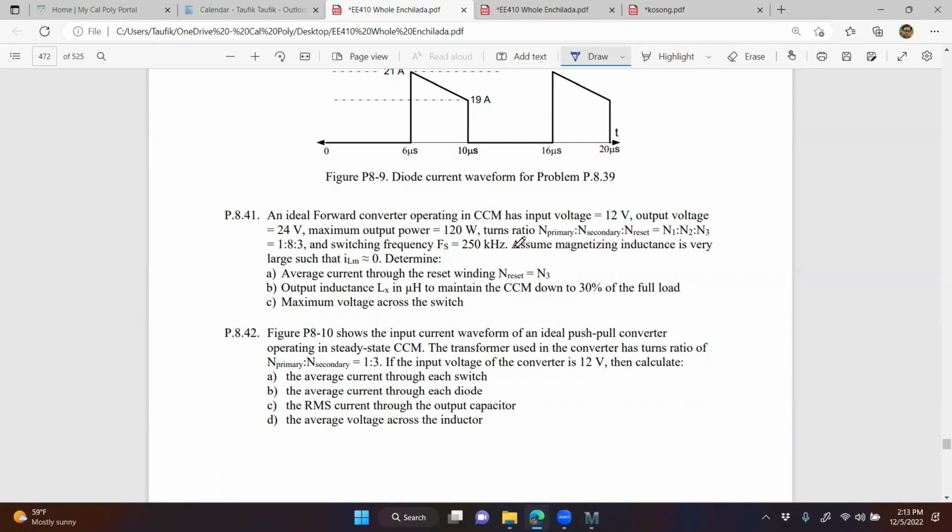Earlier in the office hours, we also have these cases. This case where the magnetizing inductance is very large, such that ILM is equal to 0. All right, so the question for part A is average current through the reset winding. Anybody knows what the answer is?